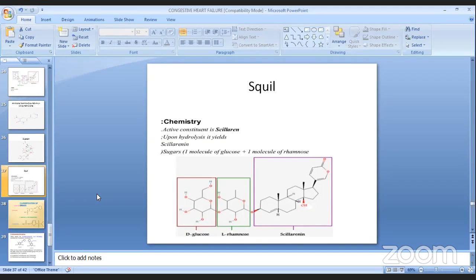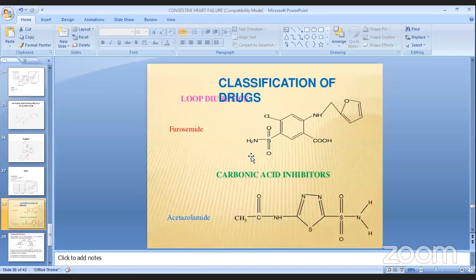Now, so these are the different types of drugs I have discussed, mainly cardiotonic drugs, but so many drugs are also used for congestive heart failure. That I have already discussed. This is furosemide. See the structure of furosemide.